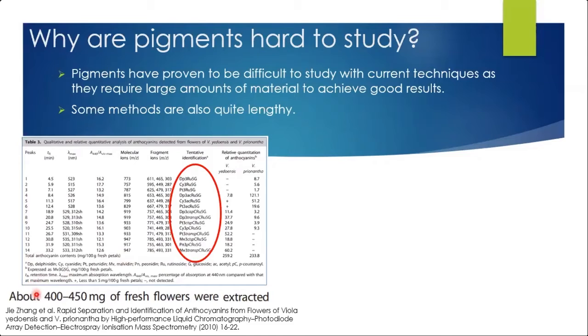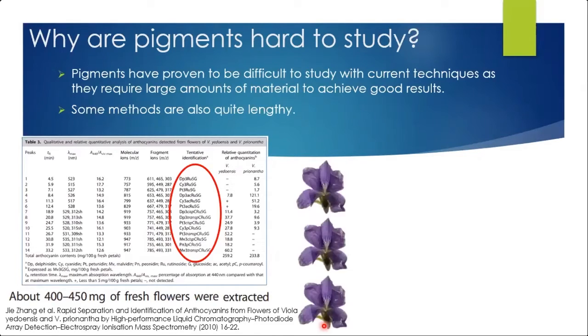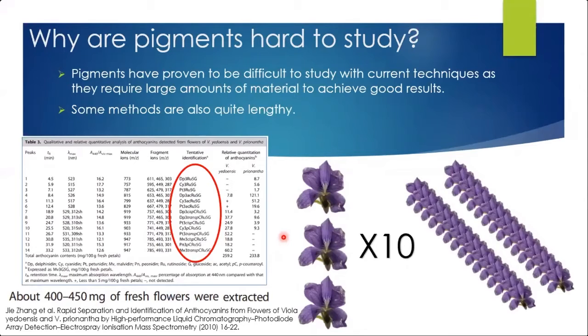They were able to find this using 400 to 450 milligrams of flowers. With my technique, I used around 40 milligrams of flowers. So let's pretend I use these 3 flowers, which are, let's say, the 40 milligrams. What they had to use was 10 times that. So imagine having to use 30 flowers for the same process. But I used a different technique that only needed the 40.